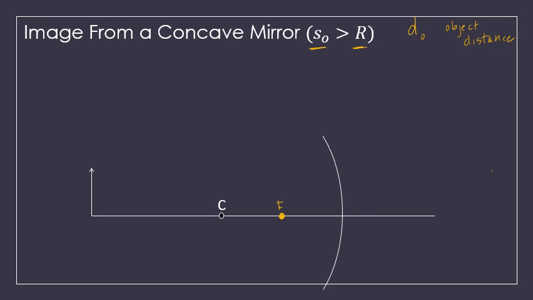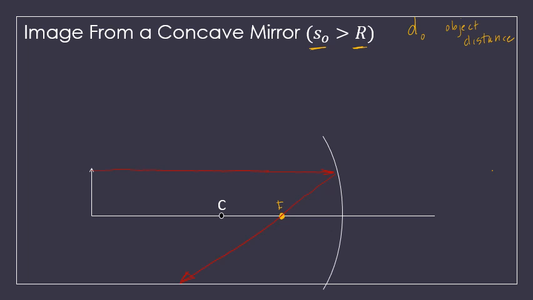We've got this parallel ray, which we did in red earlier. Again, super important you use a straight edge. I'm not able to do that on my tablet, so I'm going to do my best here to make that parallel to the principal axis. If it's parallel to the principal axis, then it gets reflected through the focal point.